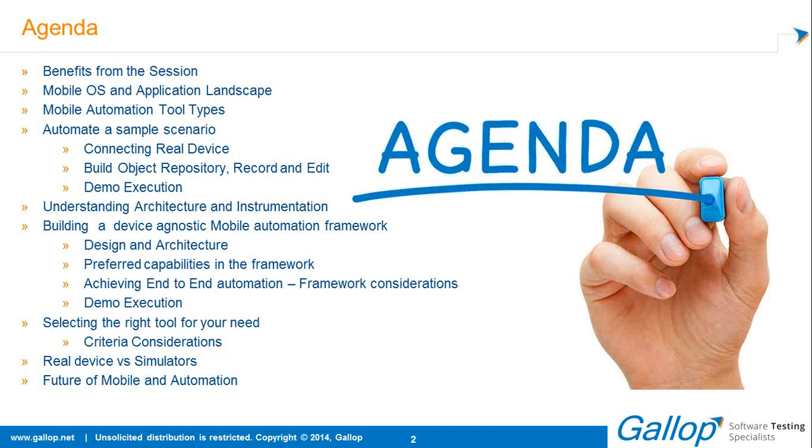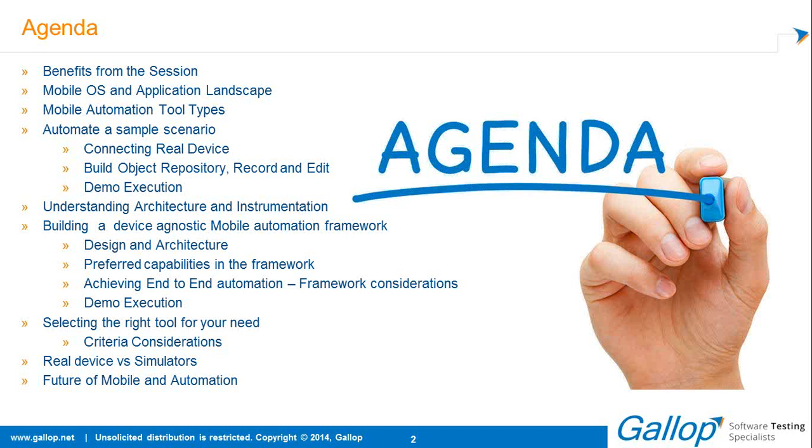And then we'll jump into more technical details of what you should consider when you select a mobile automation tool. I'm sure many of you have the same question while you are evaluating that. And then we'll also discuss whether you have to do mobile automation on a real device, on simulators, or on a cloud-based solution.